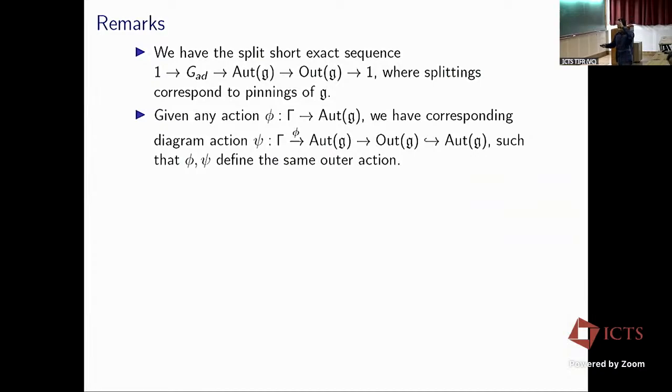So given any action, it is related to some diagram action, and a diagram action always preserves a Borel. A diagram action preserves a pinning, so in particular, it preserves a Borel.